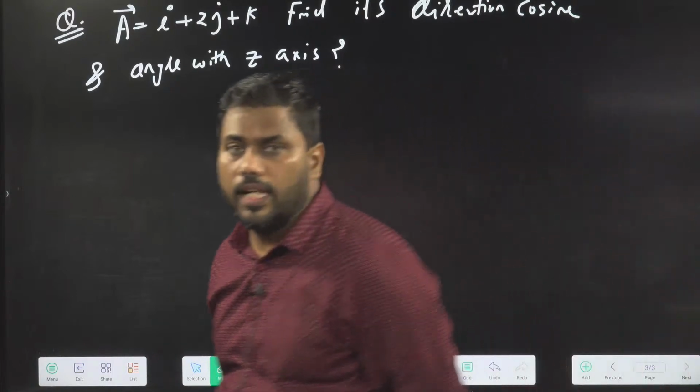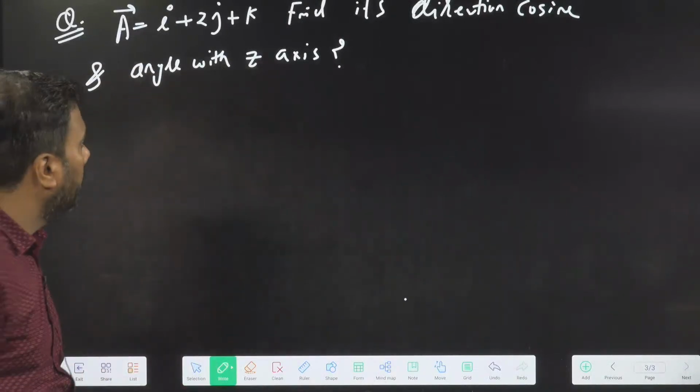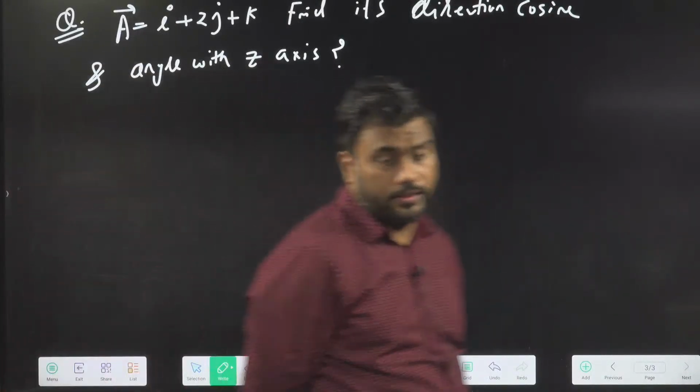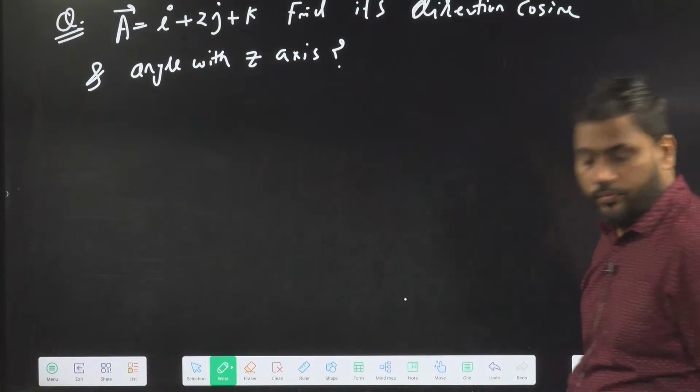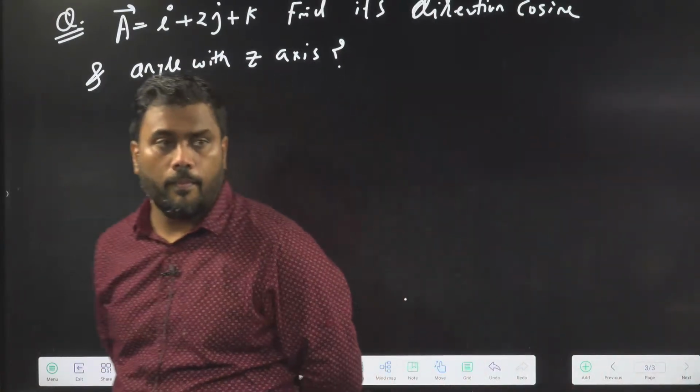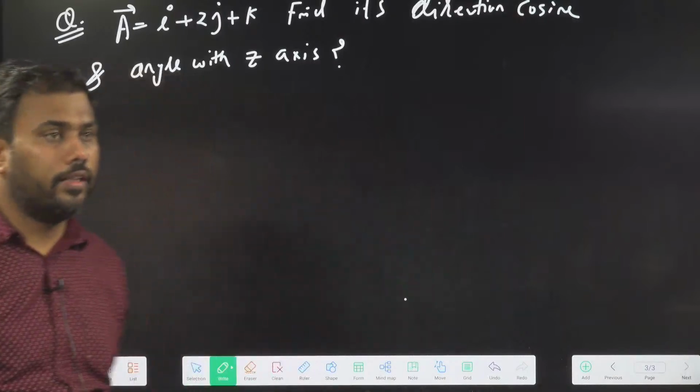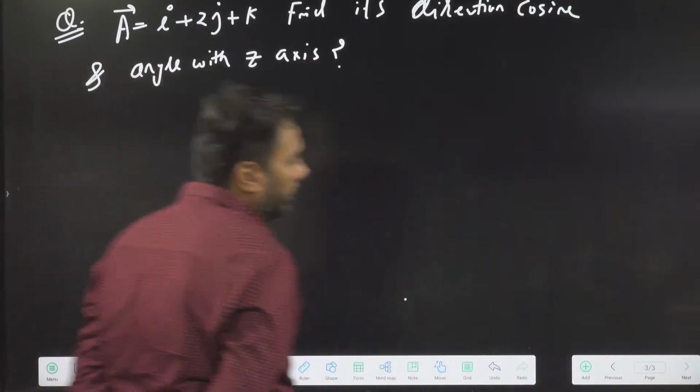You need to tell me the direction cosines of the vector and the angle of this vector with the z-axis.